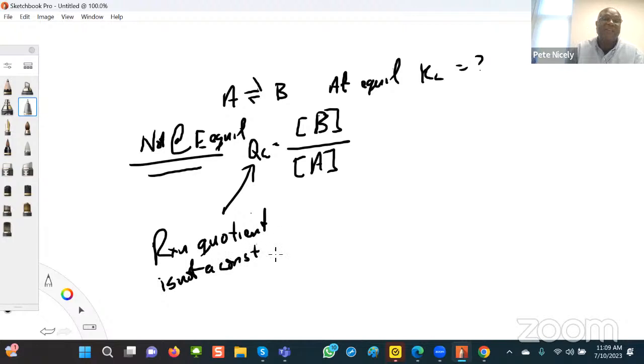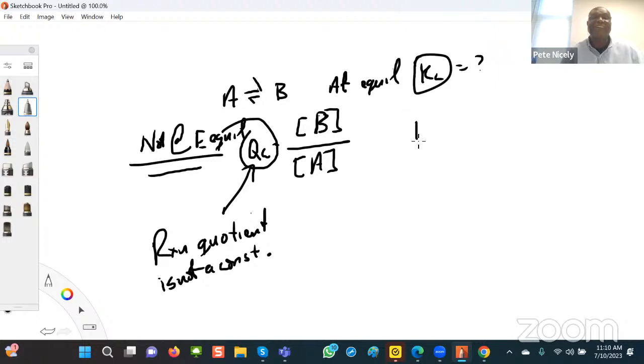Because the system is not at equilibrium, the system will try to find its equilibrium state. Now, it depends on the value of Qc relative to Kc. So here are the different scenarios.